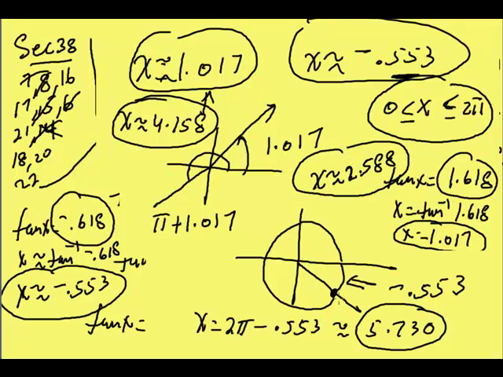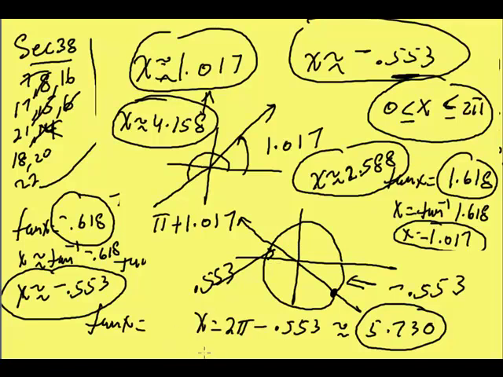The tangent is going to be negative one more place. In what quadrant is tangent negative? It's in the second quadrant. So in this quadrant, tangent is negative. So I'm assuming what Jake did was he took 0.553 and subtracted that from pi.